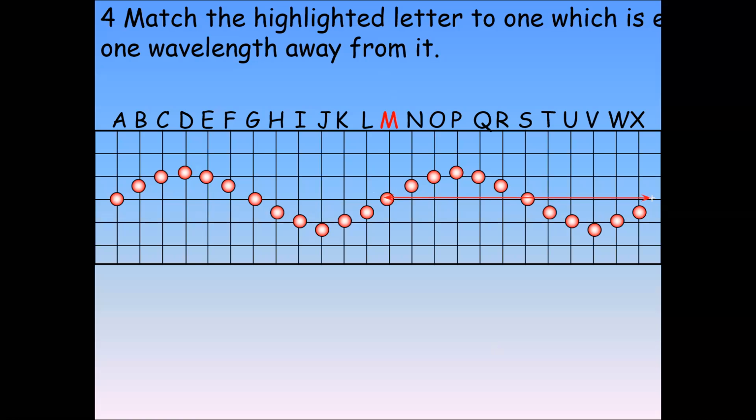There should be one more point for the X. Actually, A is the right answer, because there should be one more point after X. Even though it is going towards the right, the question was to select a point which is one wavelength away from this.